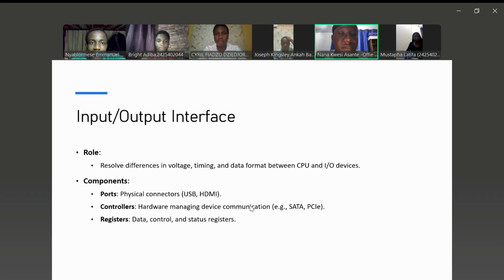The port is the physical connector such as USB or HDMI. The second component is the controllers, which are the hardware managing device communication. Examples are SATA and PCIe. The third component is the registers. Under the registers, we have data, entry, and control registers. Thank you.